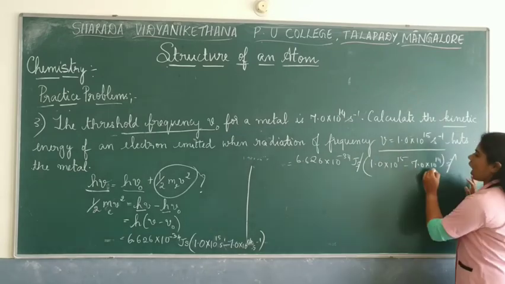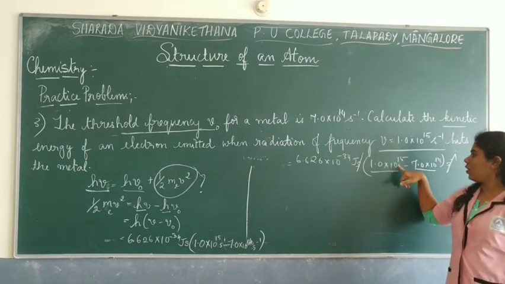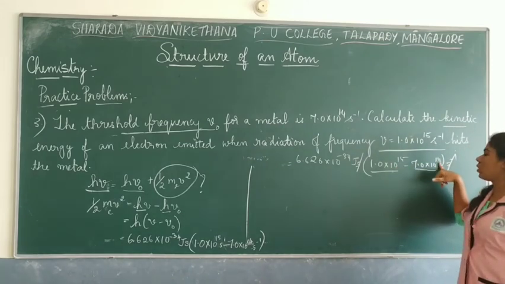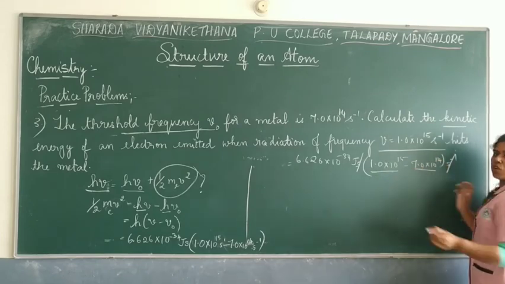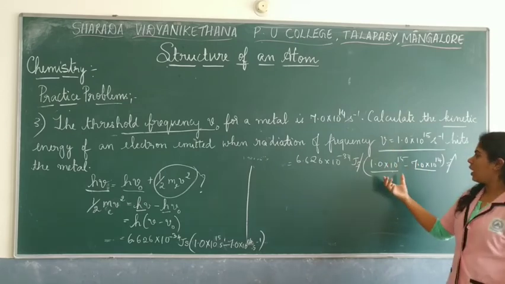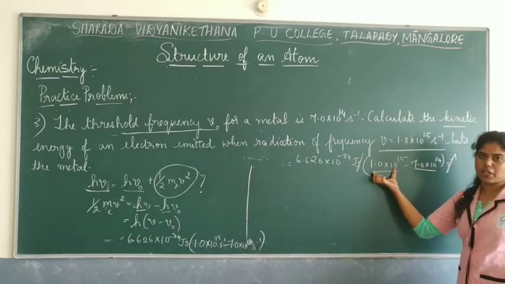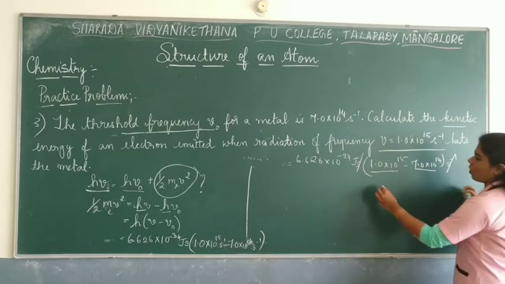Now, you know how to simplify this. See here properly. 10 to the power 15 is there, 10 to the power 14 is there. What can we do? We can get the numbers to the same power, right? So what we have to do? We have to shift the point. If I have to get this particular number to 10 to the power 14 form, what should I do?